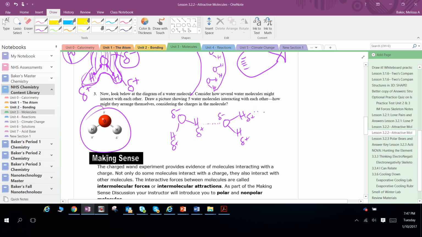So if I were to draw all 5, I'm going to line up my hydrogens with my oxygens. Just to be complete, I am going to draw all 5. Plus it's good practice for that little partial symbol that's kind of weird to draw at first. Partial negatives are next to partial positives.